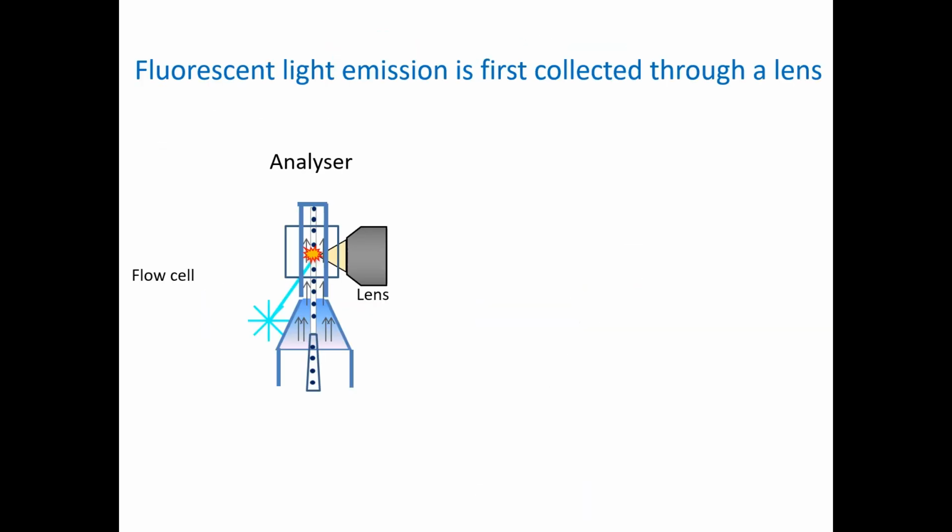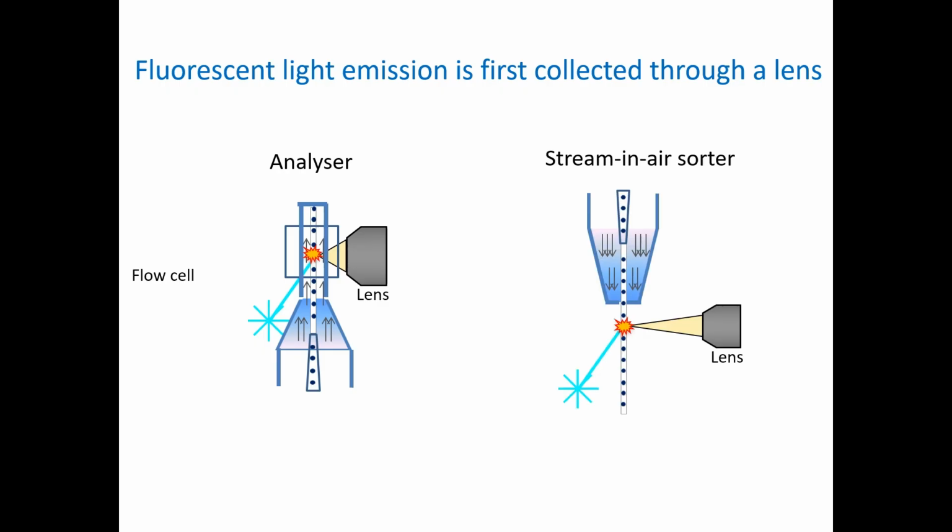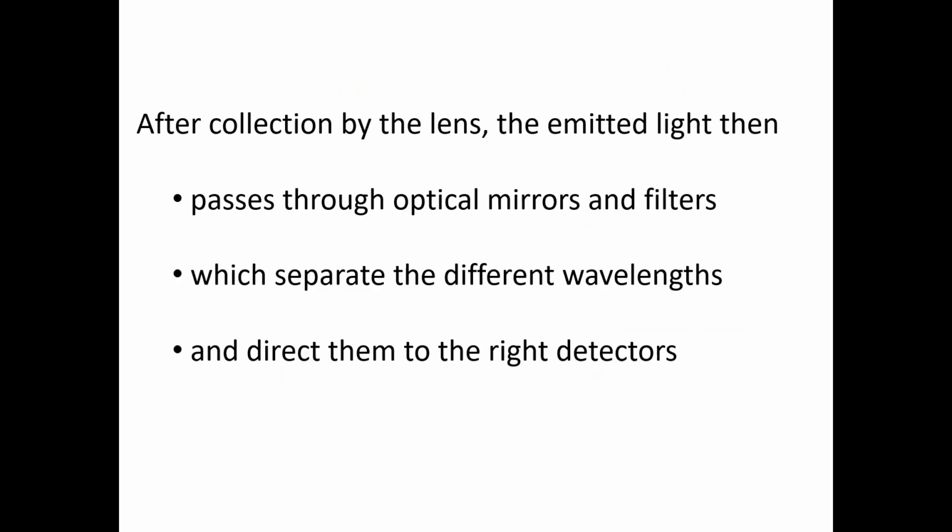The emitted fluorescence and the side scatter light are first collected through a lens coupled to the flow cell, as in an analyzer where the flow of liquid is from bottom to top, or at a short distance from the stream, as seen in the stream-in-air sorter here, where the flow of liquid is from top to bottom. After collection by the lens, the emitted light then passes through optical mirrors and filters, which separate the different wavelengths and direct them to the right detectors.